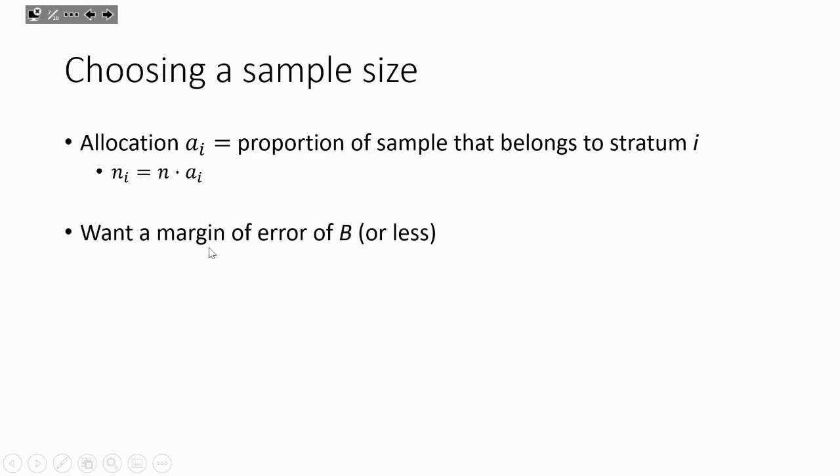All right, so just like when we talked about this for a simple random sample, we might want a margin of error for our confidence intervals of b or less. So that's our goal for our level of precision that we want in our estimate. So that means we want 2 times the square root of the variance of y bar sub st to be less than or equal to b.